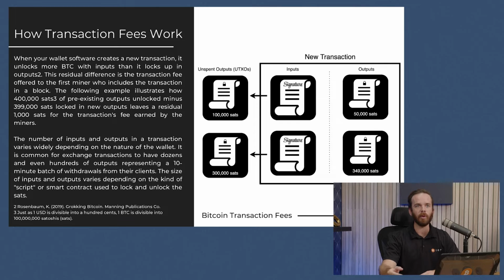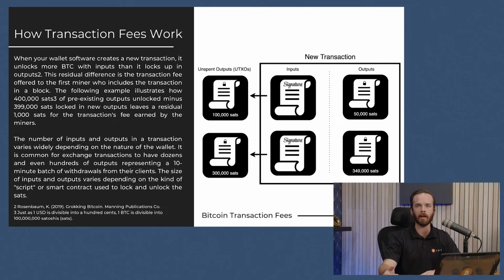So if you want to send one Bitcoin to someone, you're going to have to unlock one Bitcoin that you already have. Now, perhaps you have received two Bitcoin. So you're going to have to unlock two Bitcoin, send one Bitcoin to your friend, and then the other Bitcoin would come back to your wallet as change.